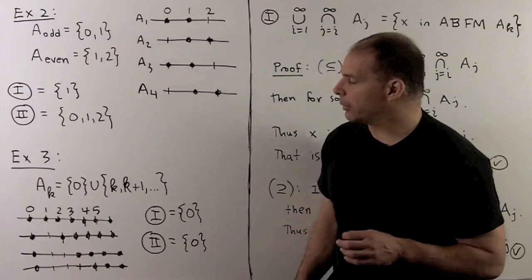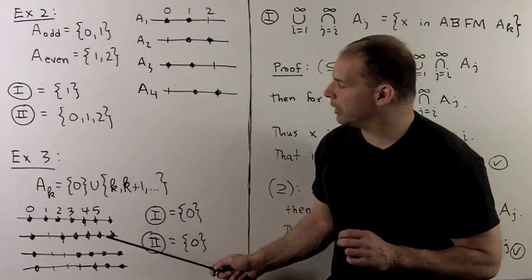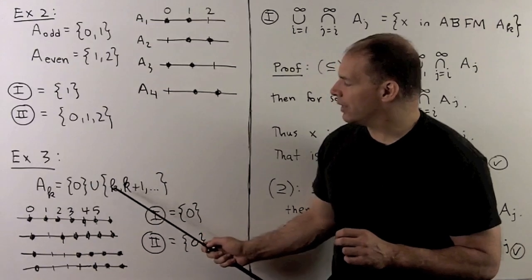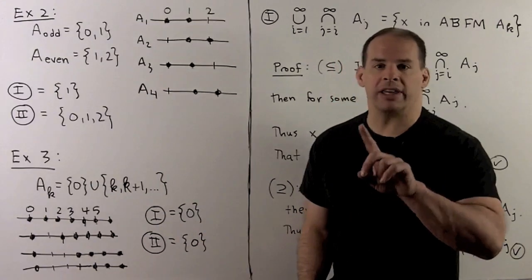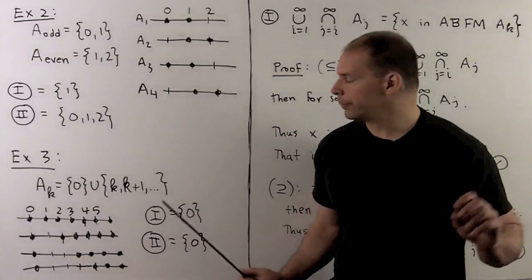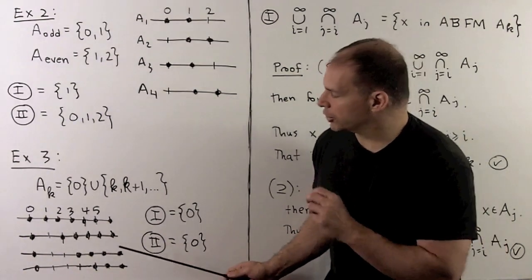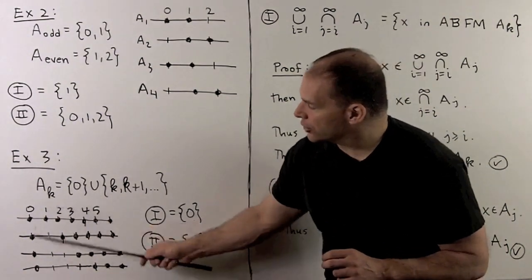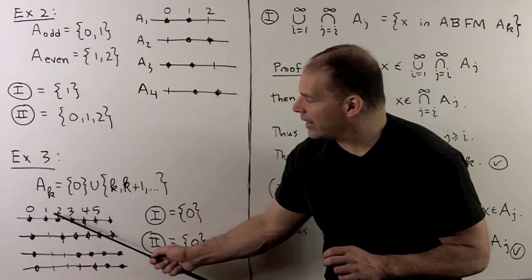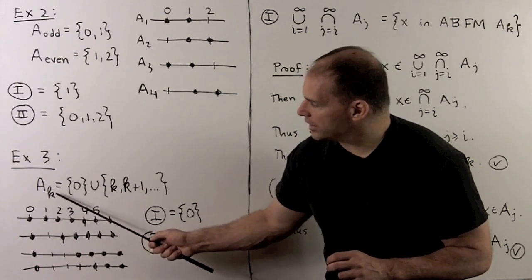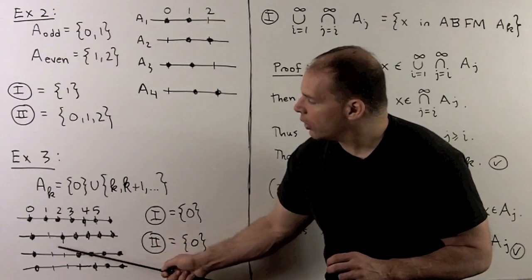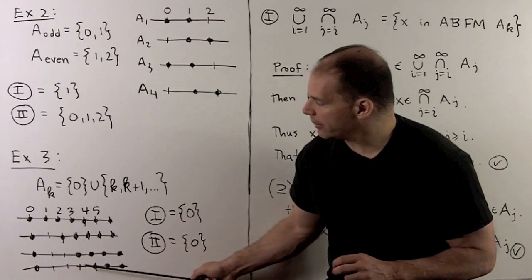For a final example, let's consider A sub k equal to {0} union with all integers starting at k and then going out. For the picture, what do we have? 0 is going to be in every set. Then as we increase k, we're just going to drop off one integer at a time.